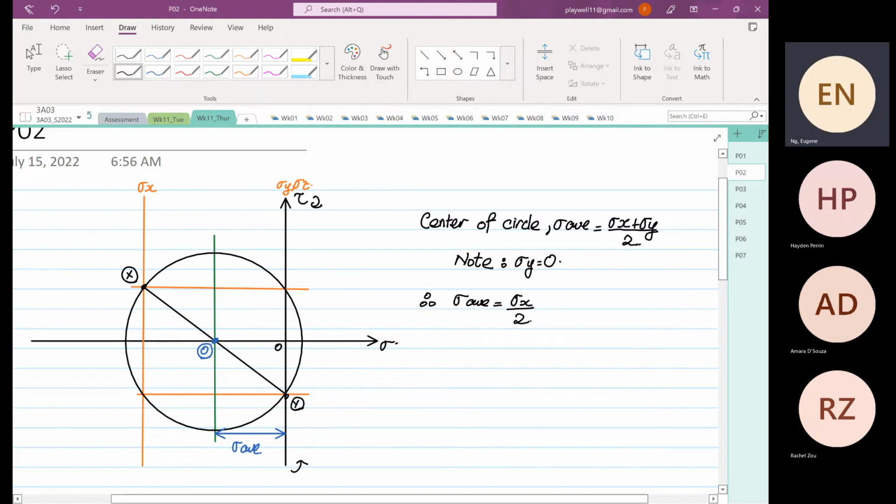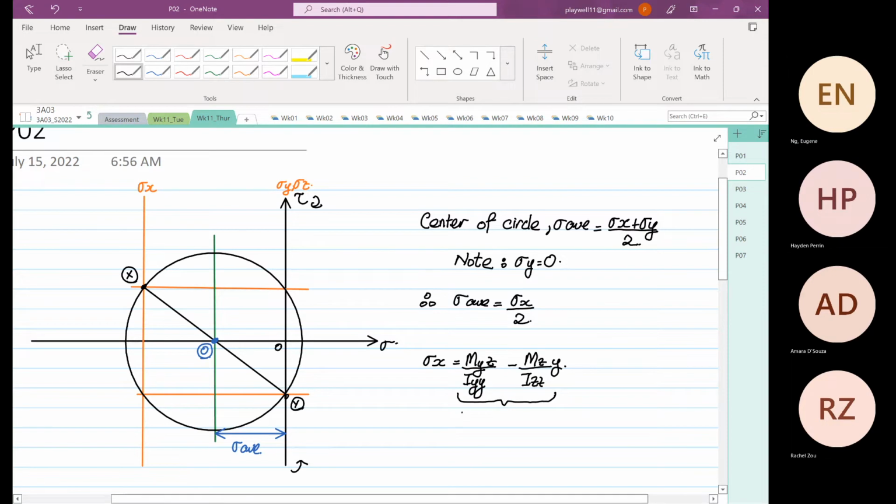And if you look at normal stress X, it is equal to My over Iyy minus Mz over Izz. What I'm trying to elaborate here is that this is due to bending moment.